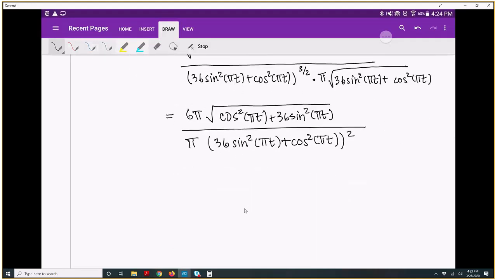And you'll see I get a nice cancellation here. I get 6 on top, because pi cancels with pi, and the square root can cancel with the bottom, making it again to the power 3 halves.